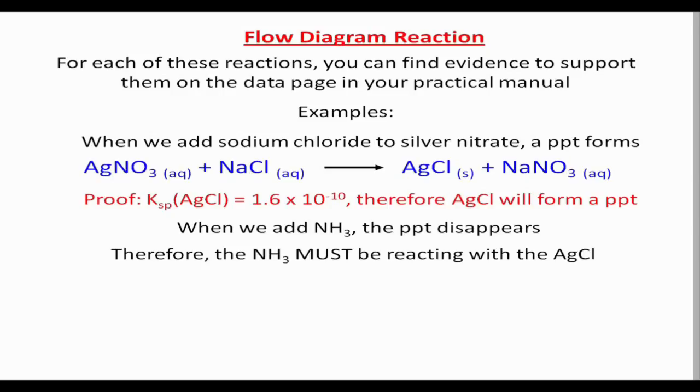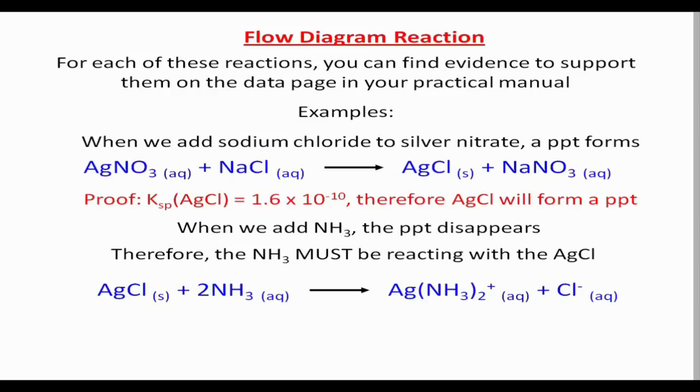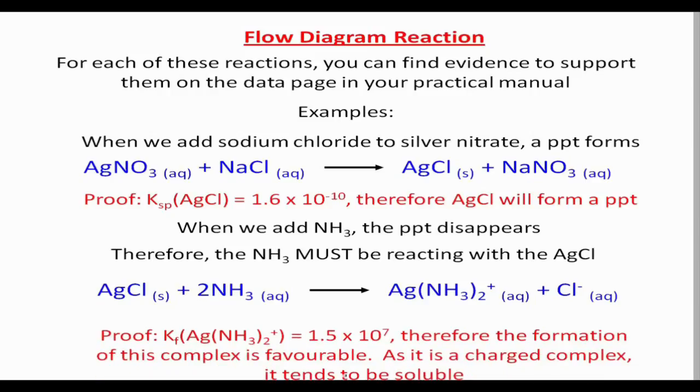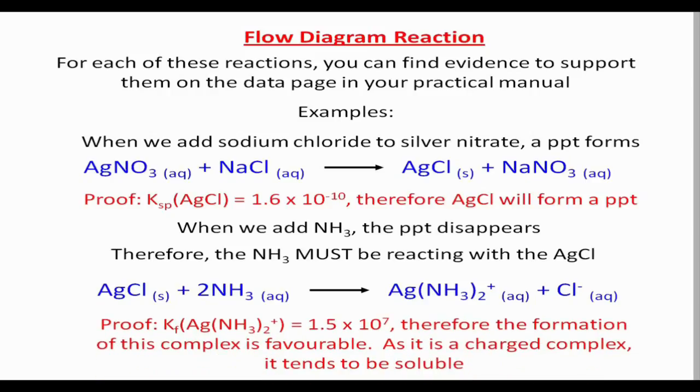So you can write your reaction, and again, if you use your page of data for assistance, you'll find the presence of a silver ammonia complex. That complex ion has a charge, which makes it soluble. And again, you use that table of data, you use that formation constant, Kf, to support the formation of this soluble complex. If you use that data to support you all the way through this section of the experiment, you should be very successful in writing your chemical reactions.